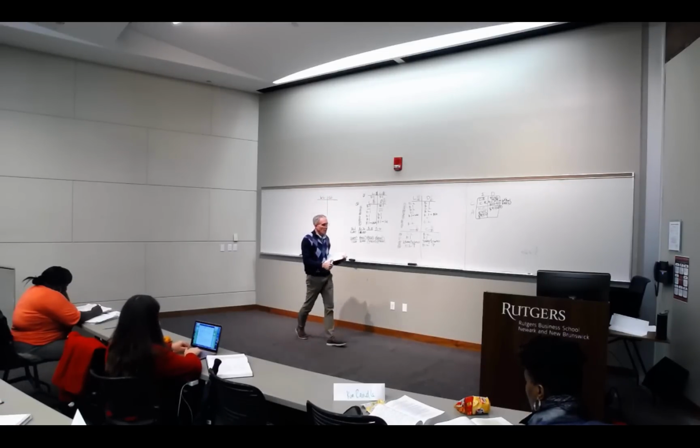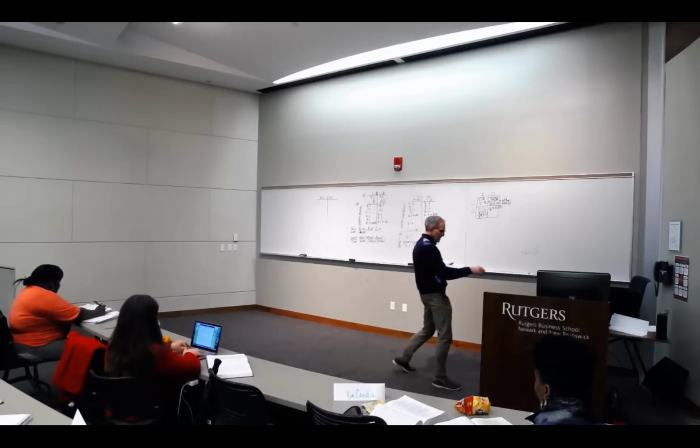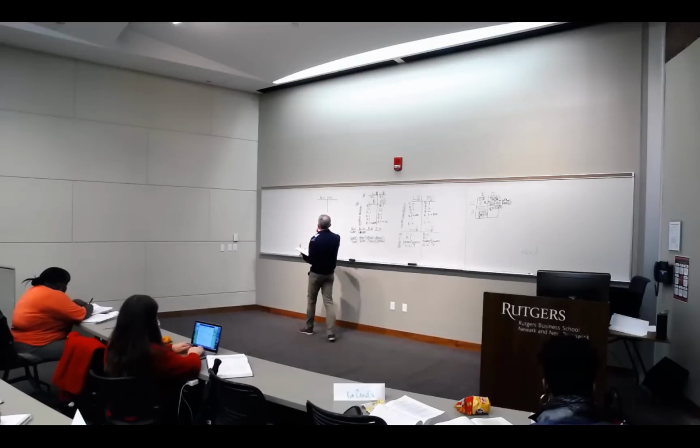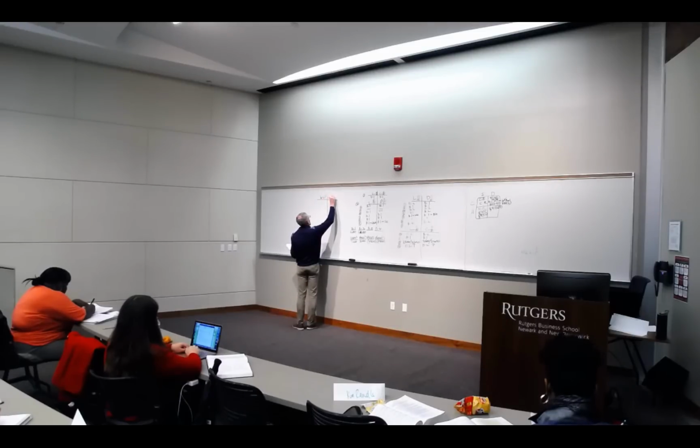So just be careful, labels are important here, right? Widget is an accrual method, Carpet Cleaner's cash method. And here we're talking about deductions, and for Carpet Cleaner we're talking about inclusion.